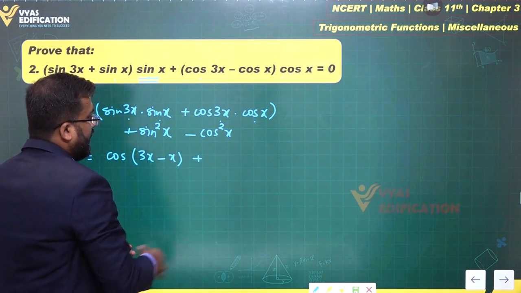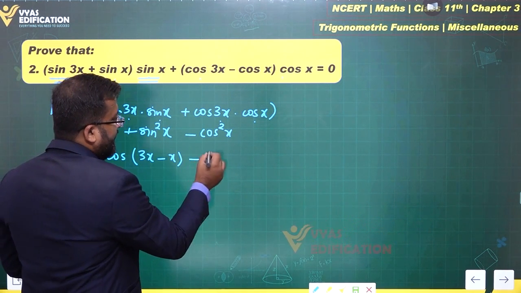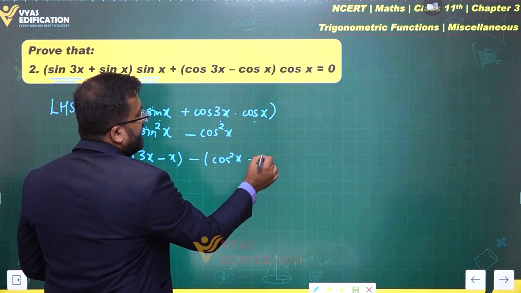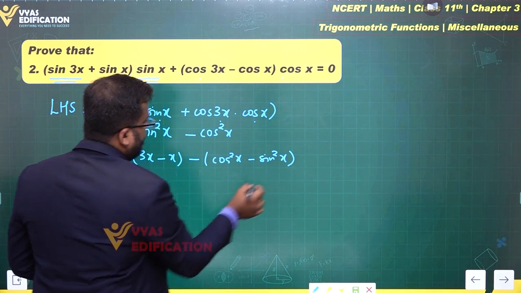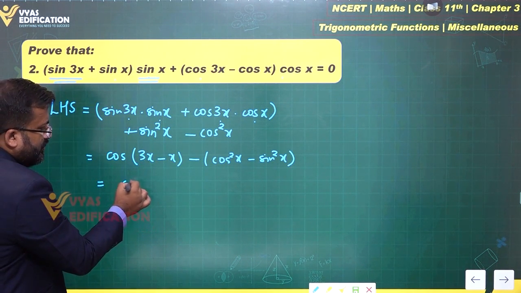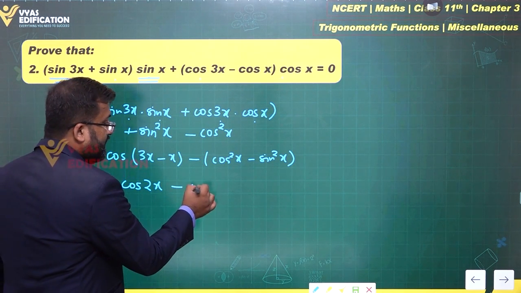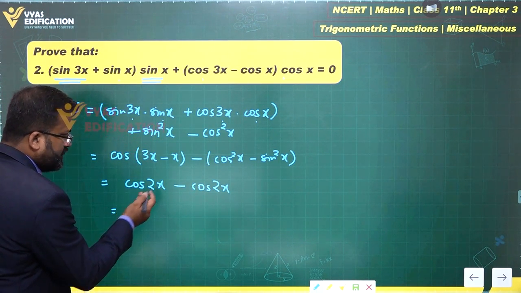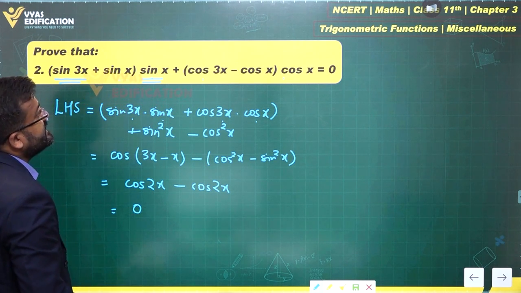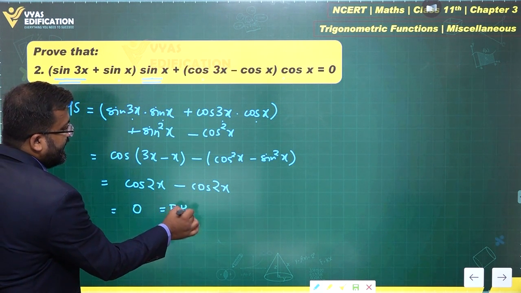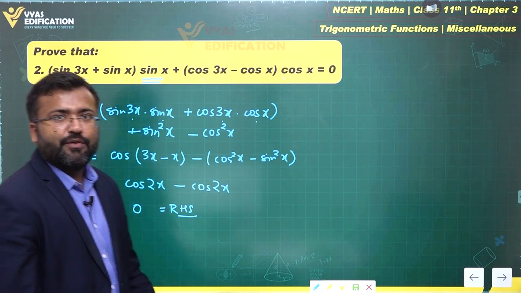So, what you have over here is, let's take a minus common, and this becomes cos square x minus sin square x. What is this? This is cos 2x. That's another formula for cos 2x, right? Now, what is this equal to? This is cos 2x minus cos 2x, which is simply 0. And this is what we have in the RHS. That's a complete proof of this.